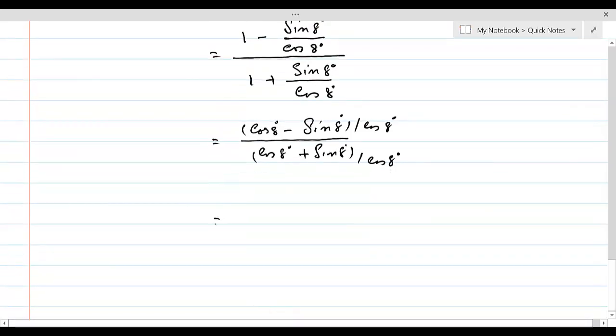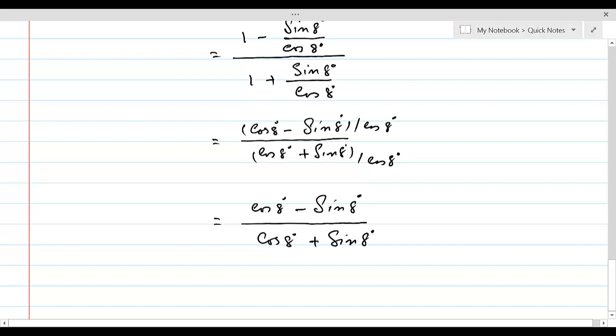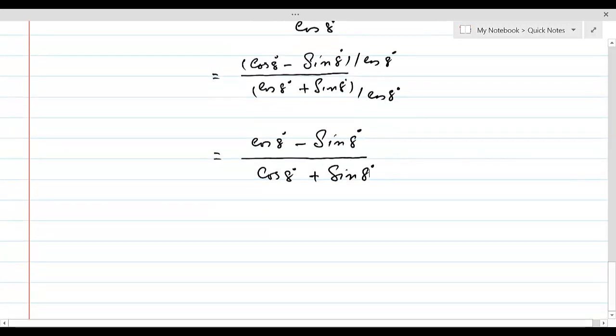What we will be left with is just this expression: cos of 8 degrees minus sine of 8 degrees over cos of 8 degrees plus sine of 8 degrees, which is equal to the left hand side.